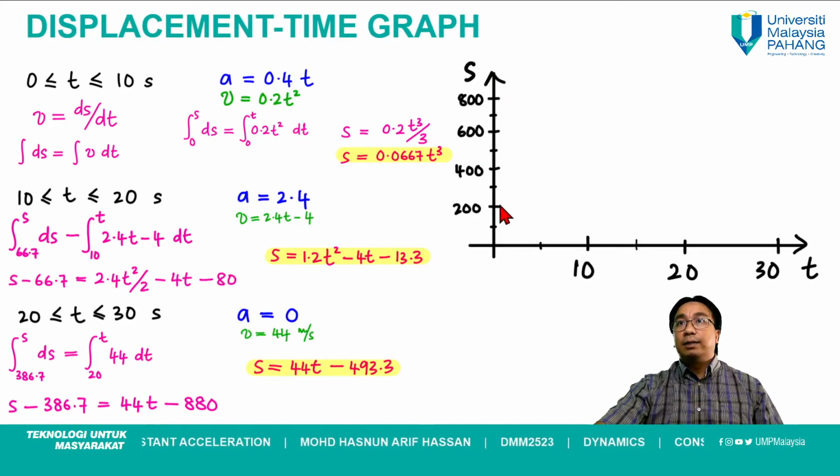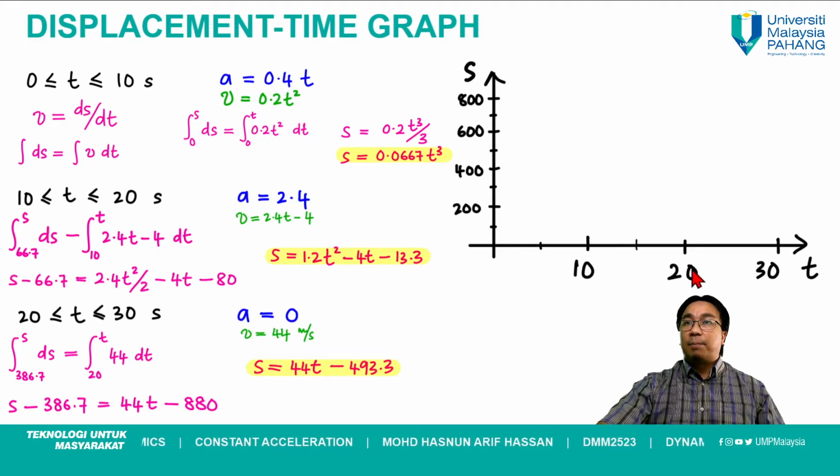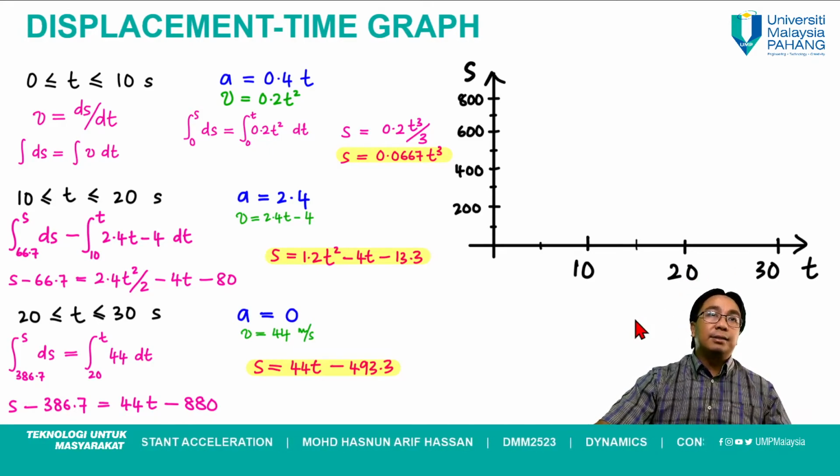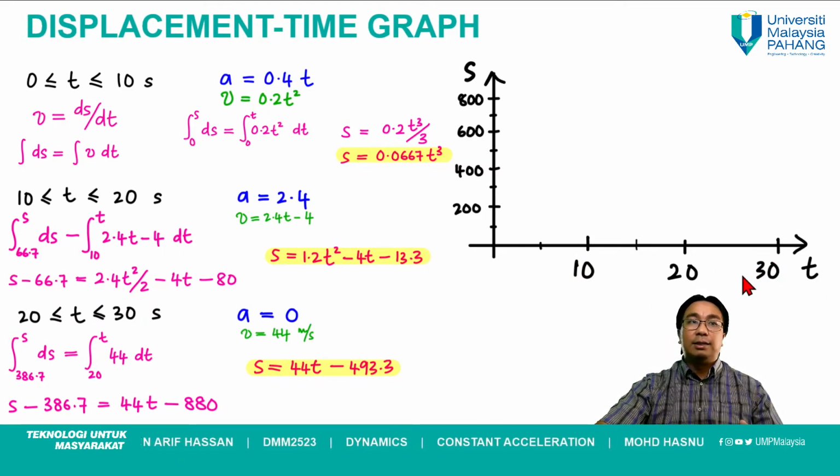Okay, kita ada on y-axis is the displacement S. Saya dah sediakan axis kita daripada 200 until 800 because we have a large number here. And then dekat bawah ni samalah, for the x-axis is the same like acceleration and velocity. You have time from 0 until 30 seconds.